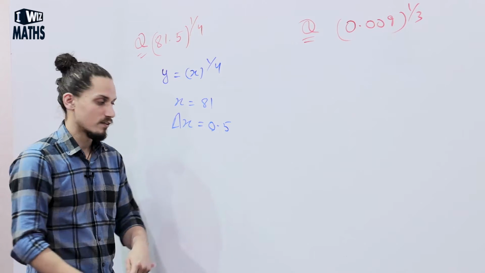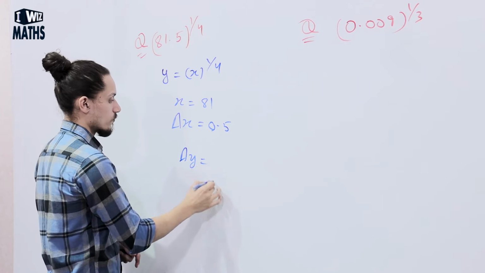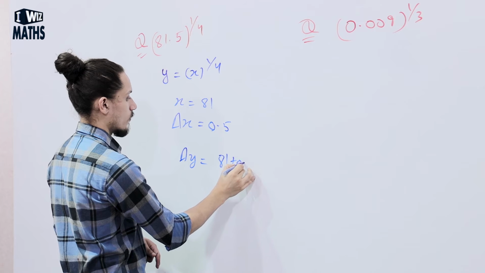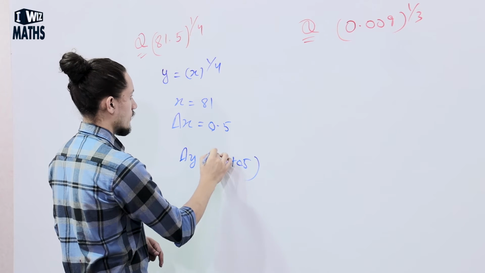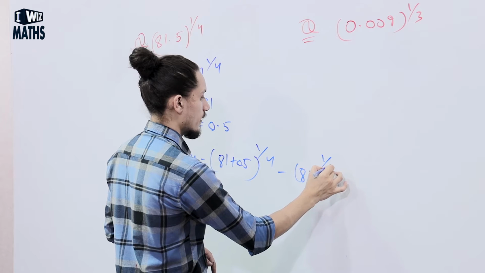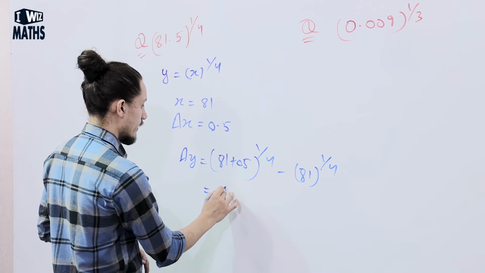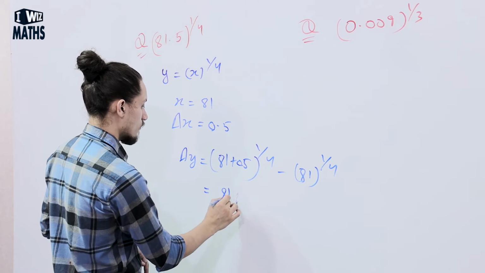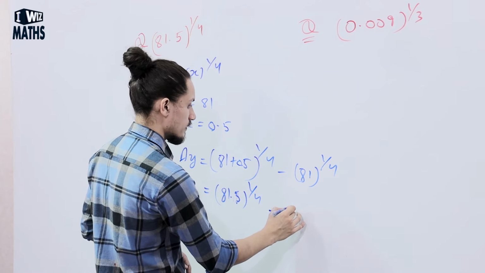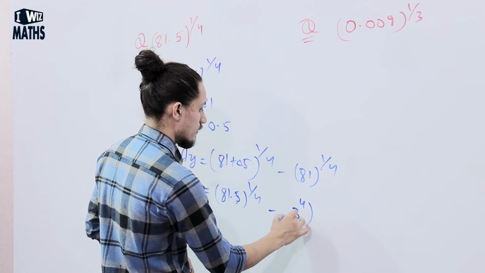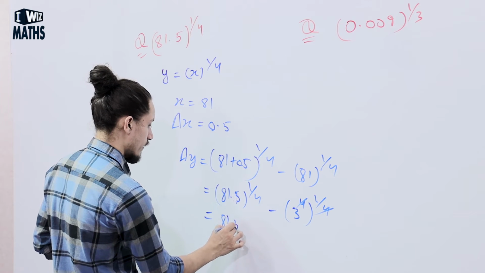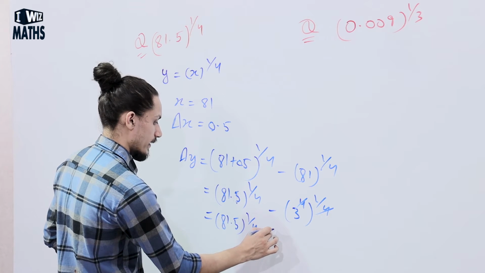So delta y is equal to f of x plus delta x, that is 81 plus 0.5 raised to power 1 by 4 minus 81 raised to power 1 by 4, which is equal to 81.5 raised to power 1 by 4 minus, this is 3 raised to power 4 raised to power 1 by 4, 4 so 4 cancel, so we get 81.5 raised to power 1 by 4 minus 3.